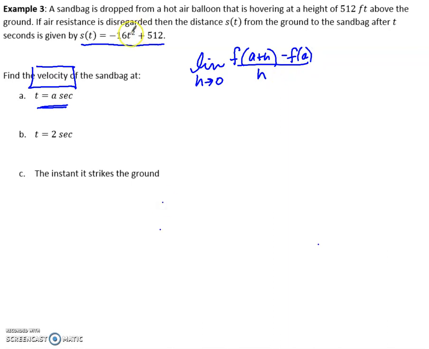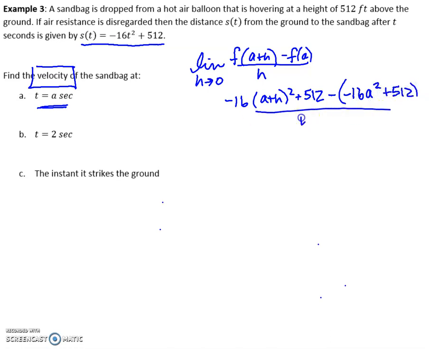So I'm actually going to plug in a plus h for every t that I see. So I've got negative 16 times, instead of a t, (a plus h) squared plus 512, minus what I get when I plug in an a. You better be using those parentheses. And then all of this is over h.